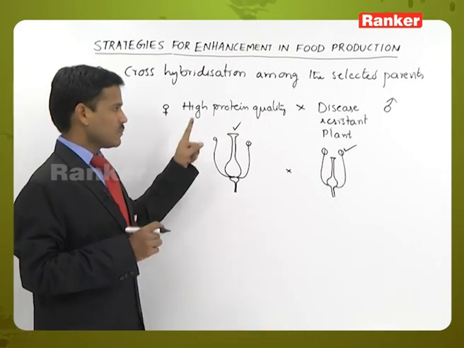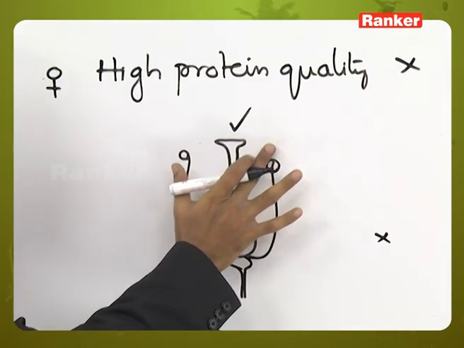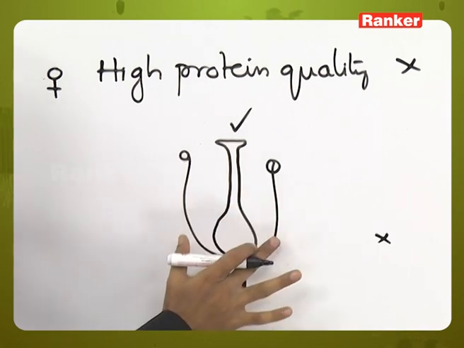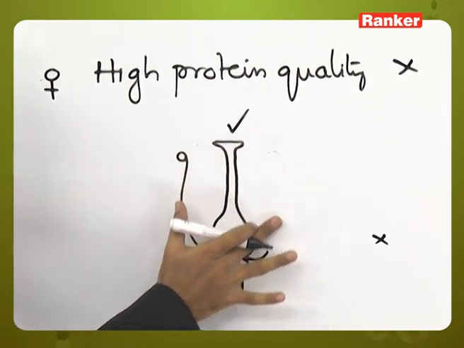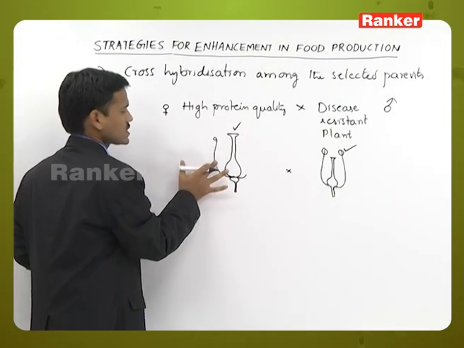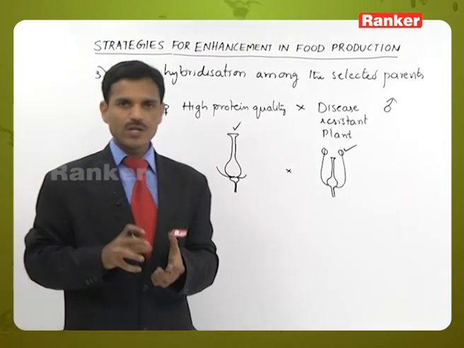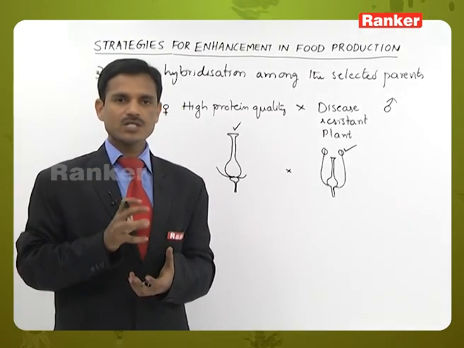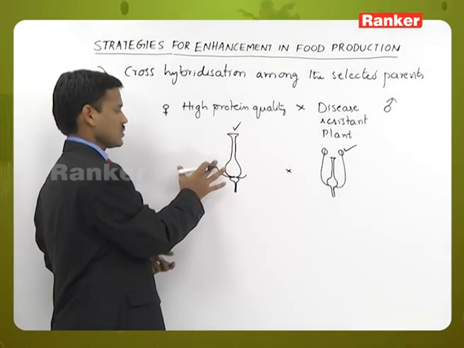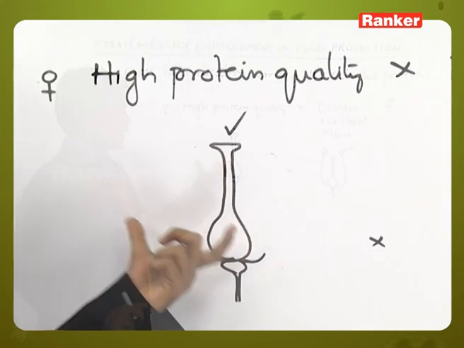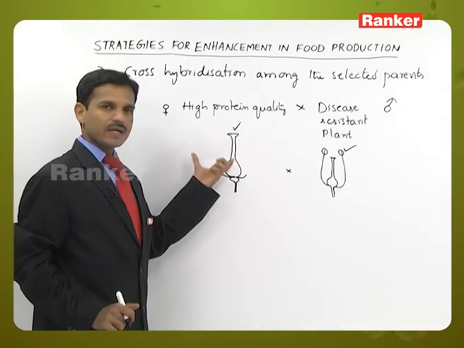That is why, before the opening of the flower, the male sexual organs, the anthers or stamens, are completely cut with the help of scissors, or removed by other techniques. If the flowers are big, the anthers or stamens are removed by scissors.